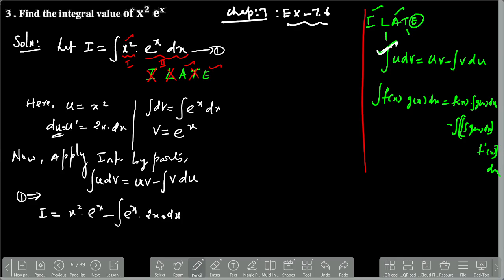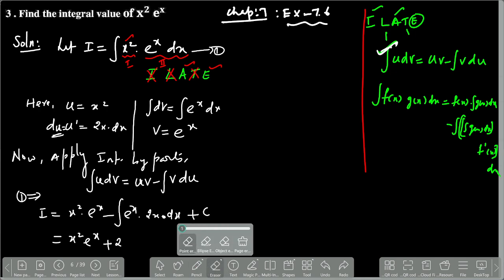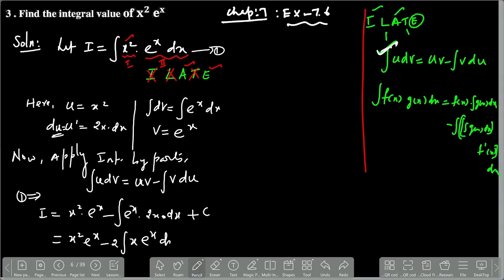Now look at this, plus c. Now this is x square e power x minus 2 taken outside, integral x into e power x dx plus c.